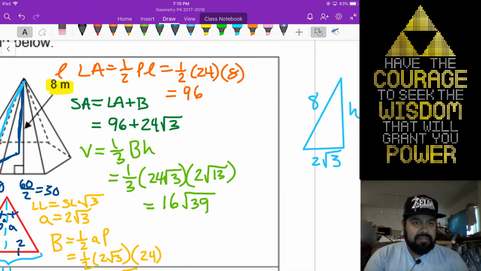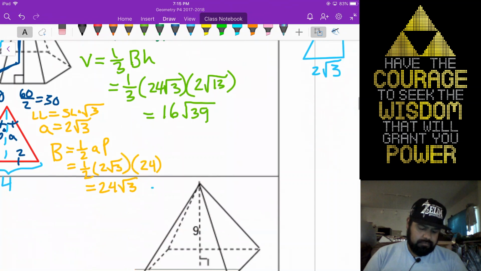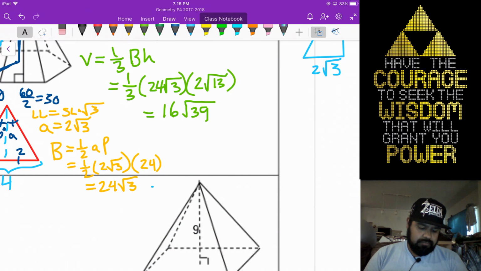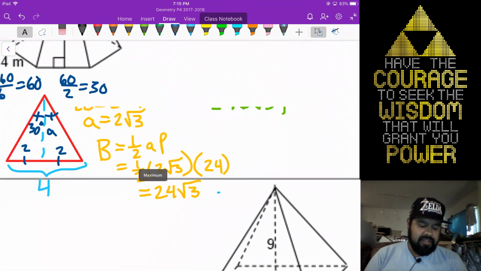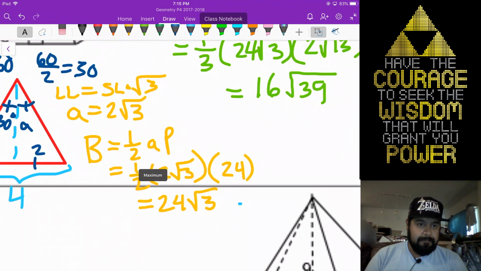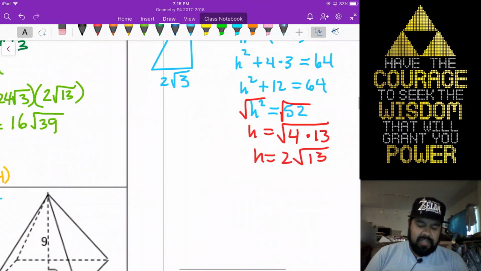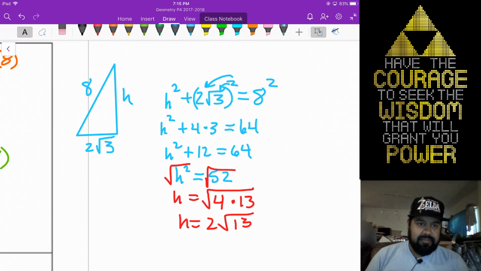Why is it 2 rad 3 on the bottom? For which one, Zach? Are you talking about the base area? Or you're talking about for the triangle?